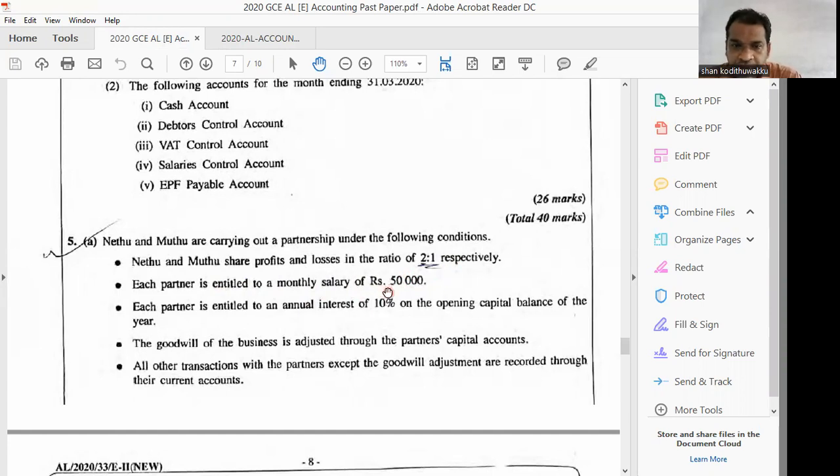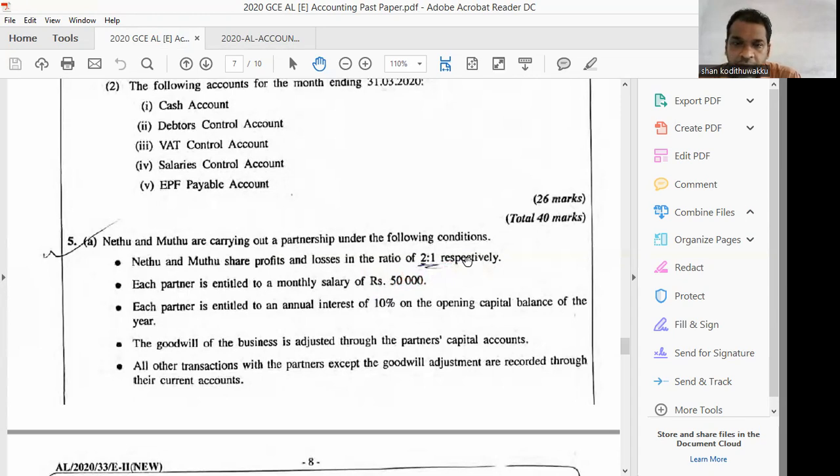Therefore, we record these things in the appropriation account just after calculating net profit. And we pass the double entry between the appropriation account and the partners' current account. Salaries entitled to partners: debit to appropriation account and credit to partners' current account. 50 into 12 months, that is 600 for each partner.